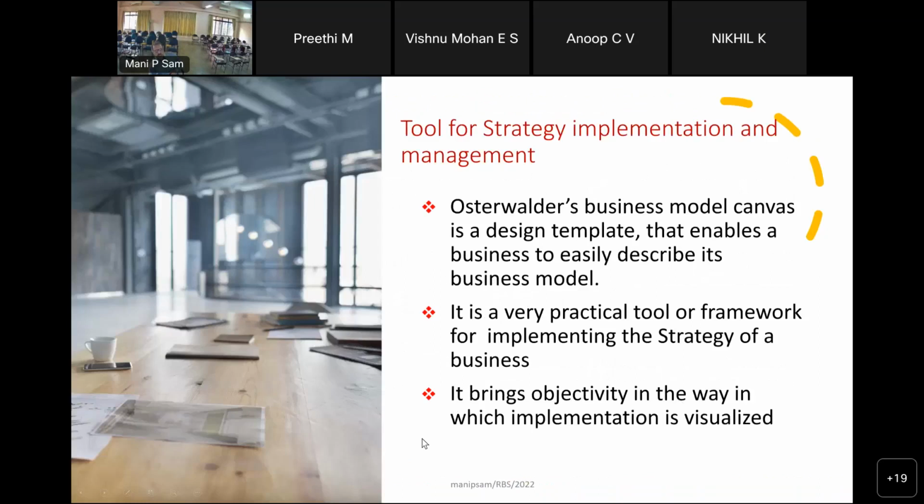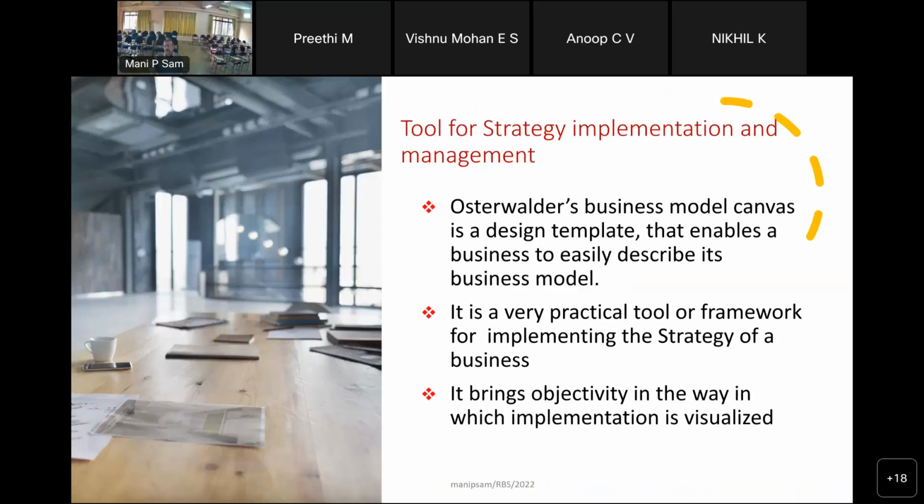So what is it? As I told you earlier, it is a tool for strategy implementation and management. It's a design template which allows you to describe the business model. For every business, there's a business model.